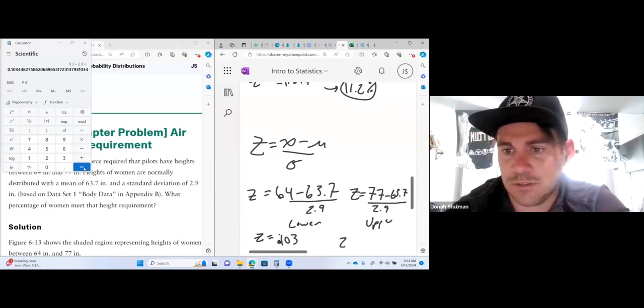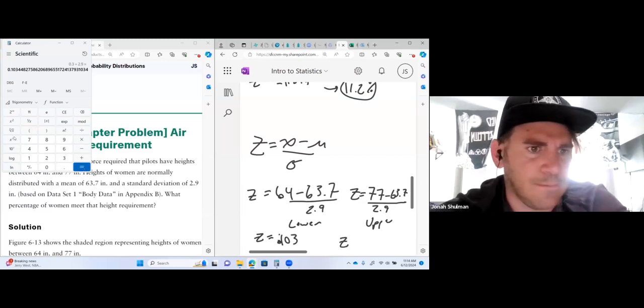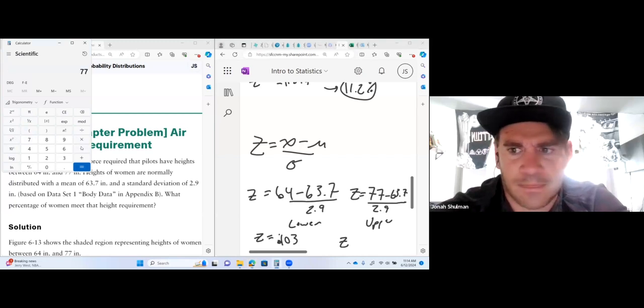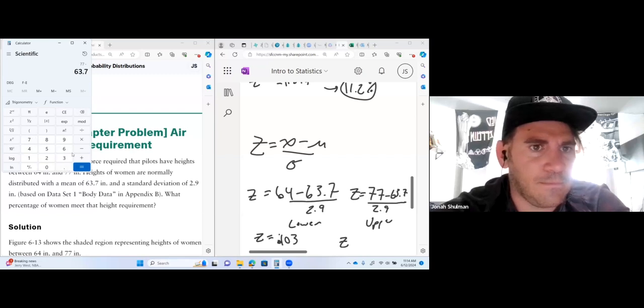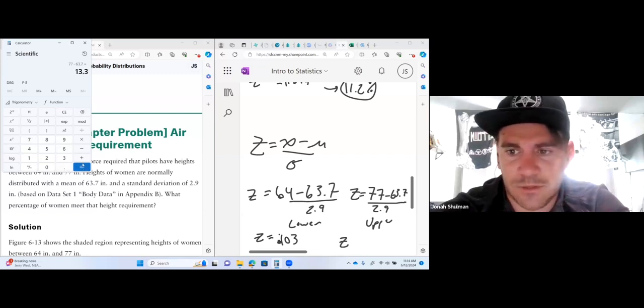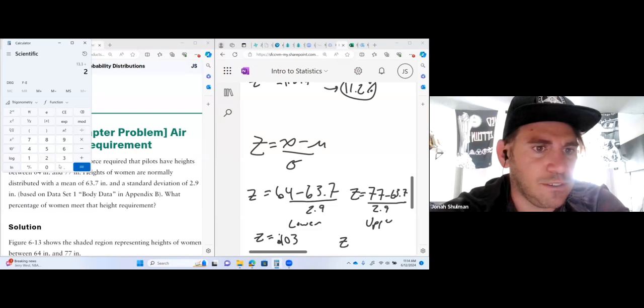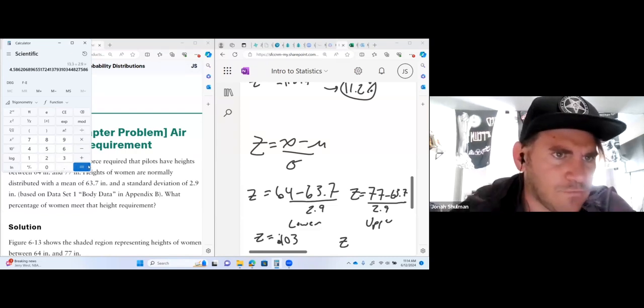And our upper one is going to be what? 13.3 divided by 2.9 is going to be 4.586.